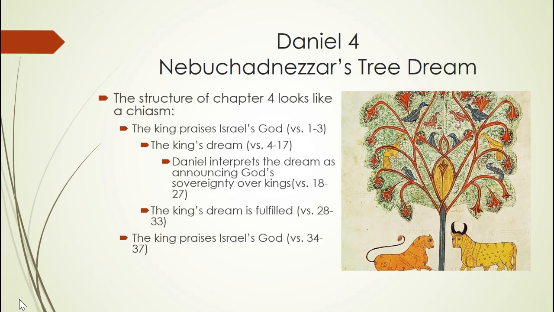You see this, and a lot of times in these chiasms, whatever is in the C material, whatever is represented by C, that's usually the main thing of it. So while there's a lot going on in Daniel chapter 4, the verses in 18 through 27 are kind of central.